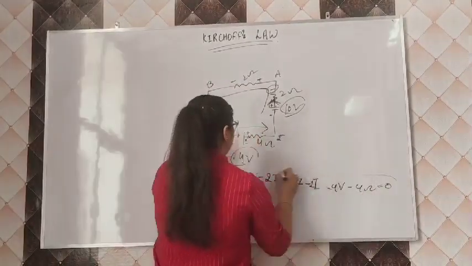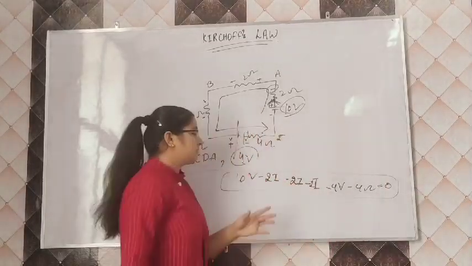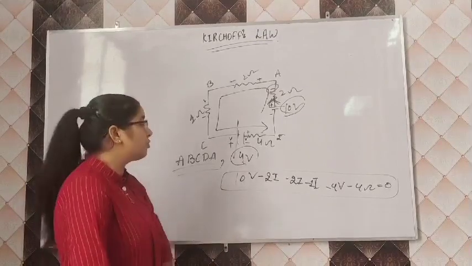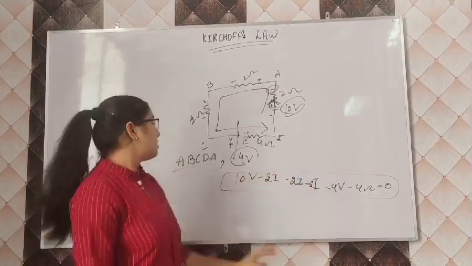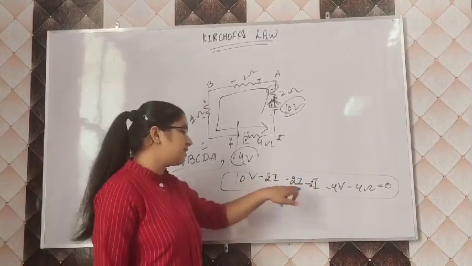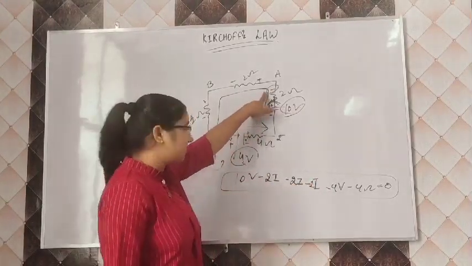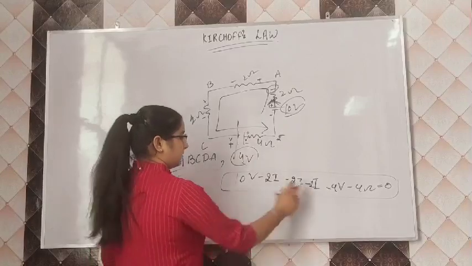See, so this is the equation, because the algebraic sum of change in potential around the closed loop is equal to 0. Now you will be thinking why I have considered minus sign. As I have told you that we will take the second sign. So now let's solve this.